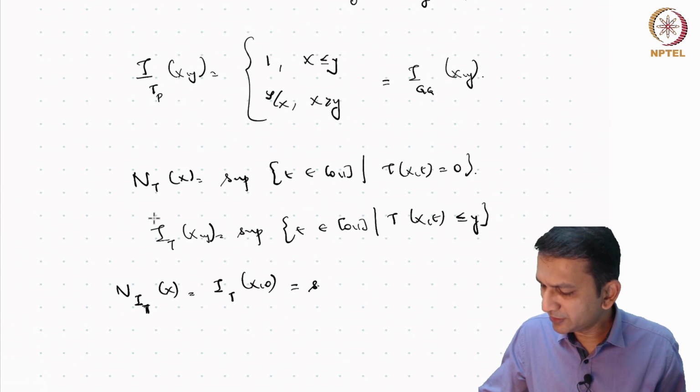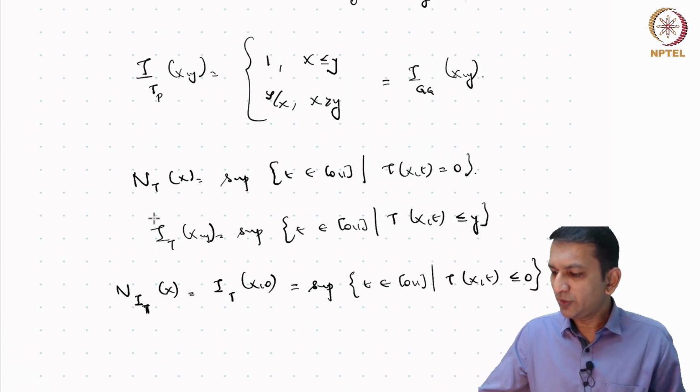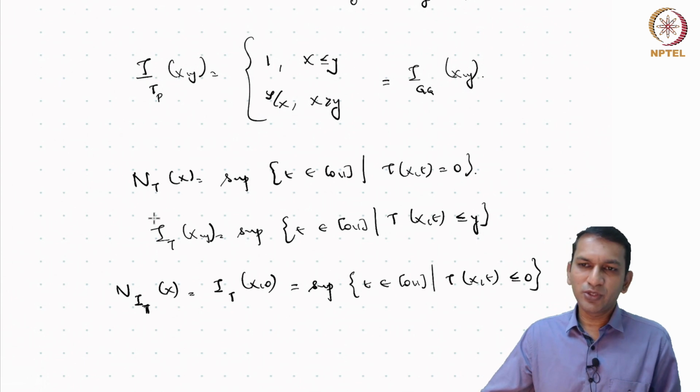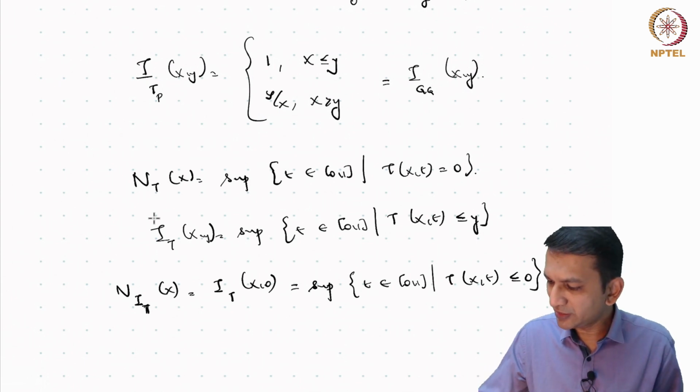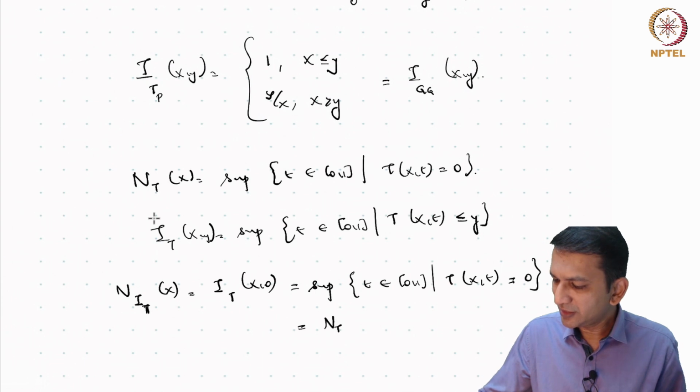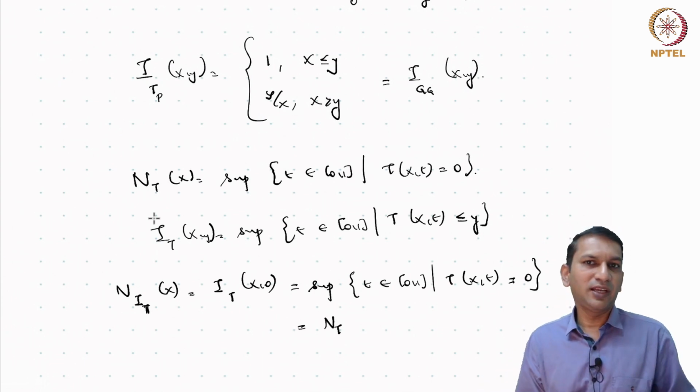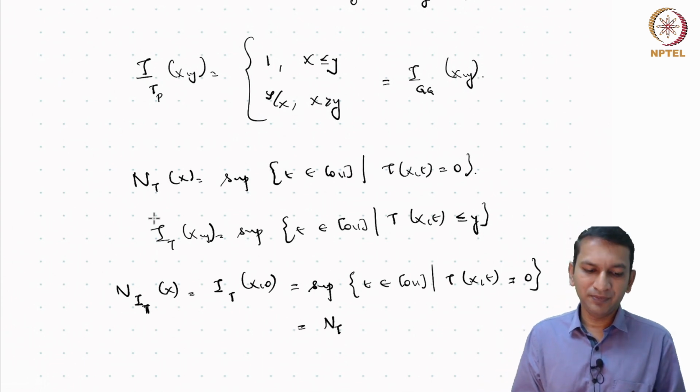What we get here is the supremum of all those t element of [0, 1] such that T(x, t) is less than or equal to 0. We know that T is a mapping from [0, 1] square to [0, 1]. So the smallest value it can take is in fact 0, which means this can only be equal to 0, which essentially says this is nothing but the natural negation obtained from the corresponding T.